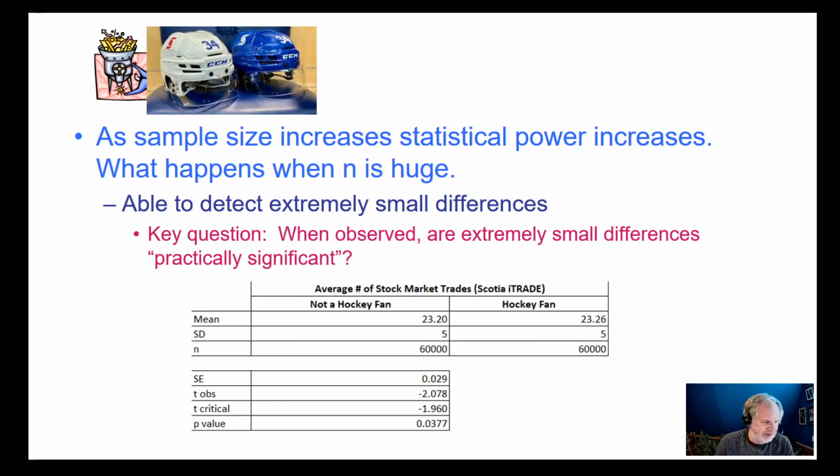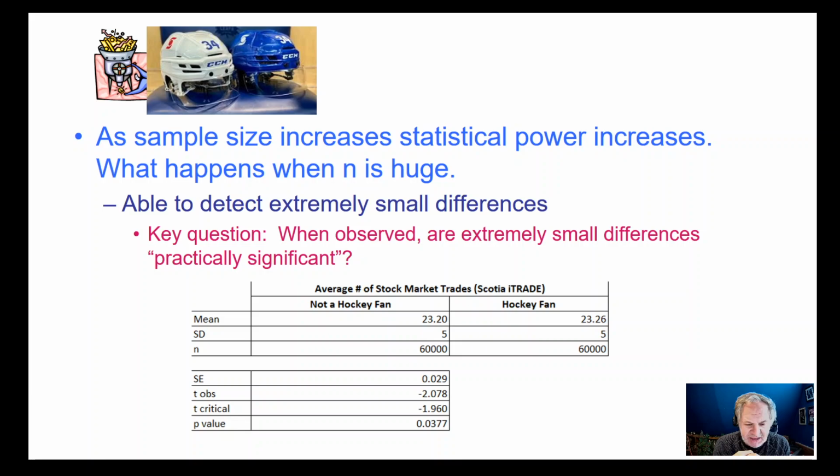So a standard deviation of 5, and a mean of 23.2 for not a hockey fan, and a mean of 23.26 for a hockey fan. So the hockey fans seem to perform more trades and therefore bring more revenue to Scotiabank. And from their huge big data set, I have 60,000 non-hockey fans and 60,000 hockey fans.